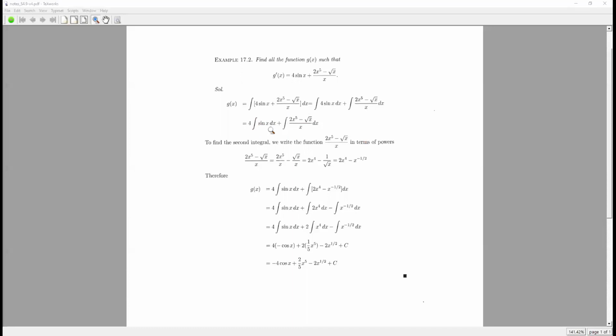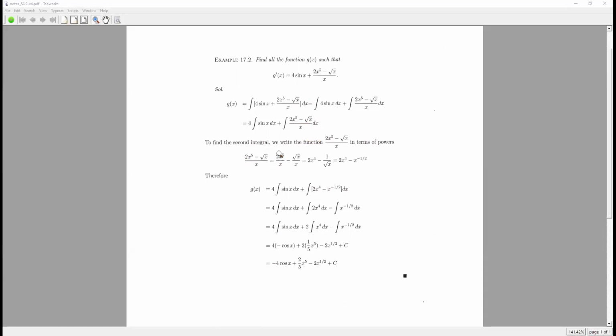The antiderivative of sine is negative cosine. But the second integral is difficult to compute. To compute the second integral, I write the function in terms of powers. I split this fraction into a difference of two fractions.